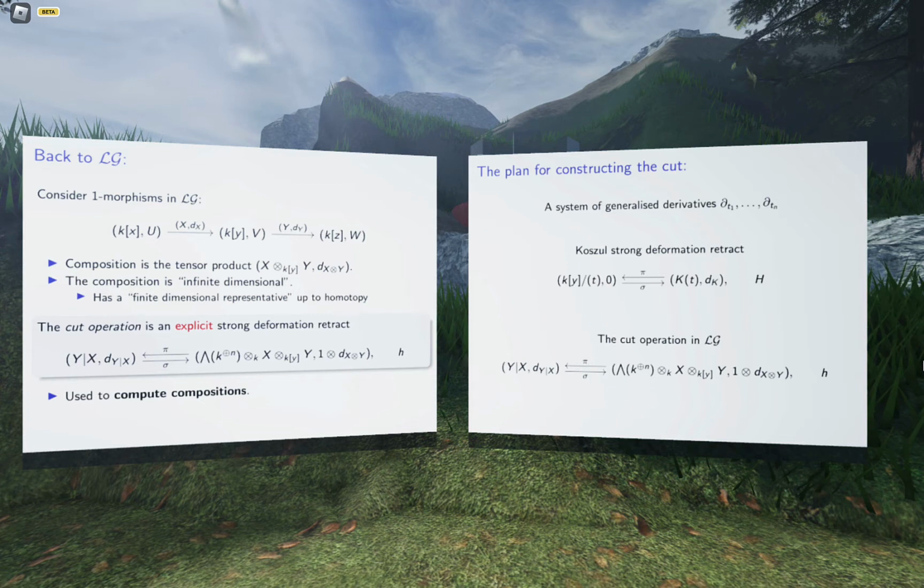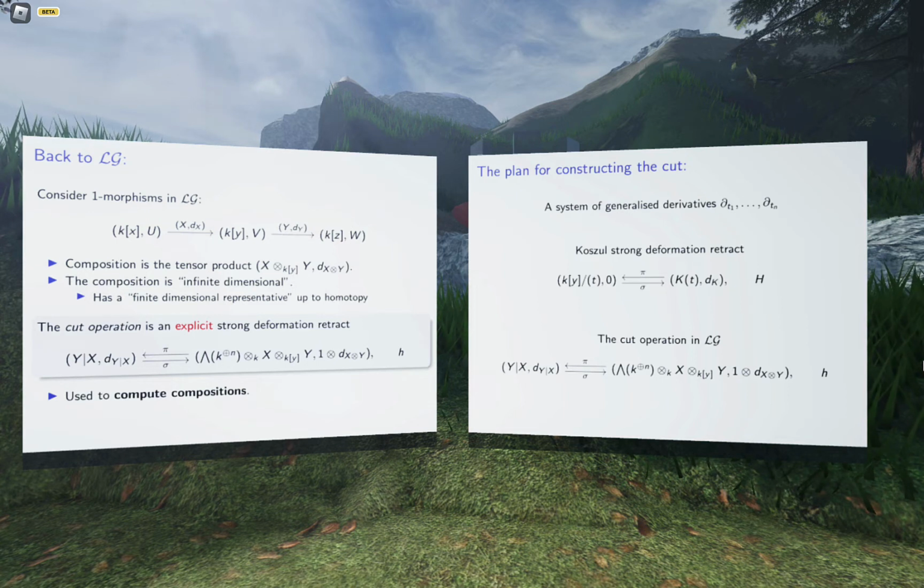So the cut operation is an explicit strong deformation retract between the following matrix factorizations. On the left, we have this thing called the cut of X and Y. And all we need to know for this talk is that the cut of X and Y is this finite dimensional representative. All we need to know is it's in some sense finite.